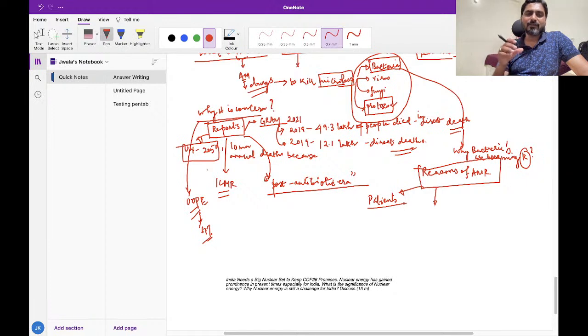It means you might have killed most of the bacteria, but some bacteria might have remained in your body, and they will recover, gain strength, and become resistant to antibiotics. So not completing your dosage is a very big reason for antimicrobial resistance.